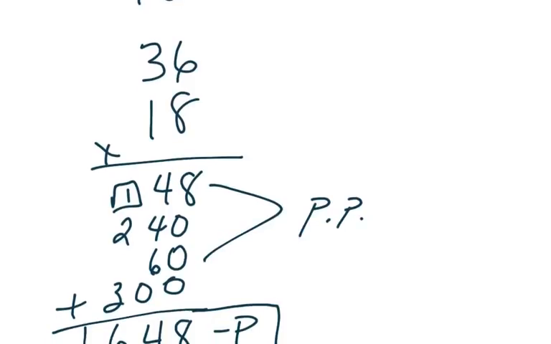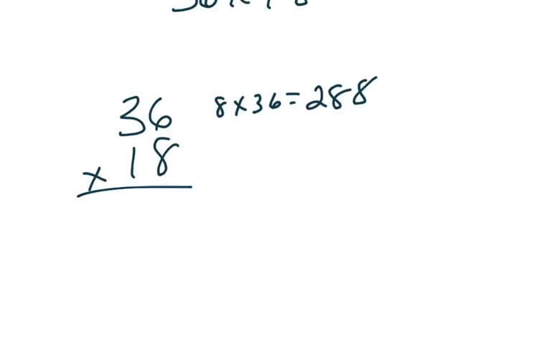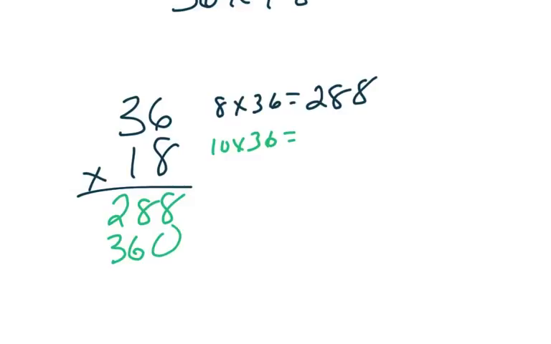Well, we see 288 right there in that first step of 240 plus 48. So now that's 288. We write that down, 288. Our next step is we're going to multiply 10 times 36. Well, 10 times 36 is 360. Let me put that 360 right there.